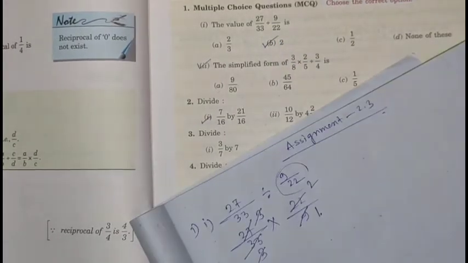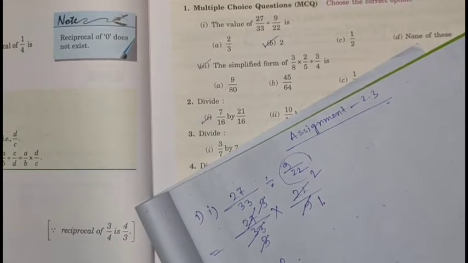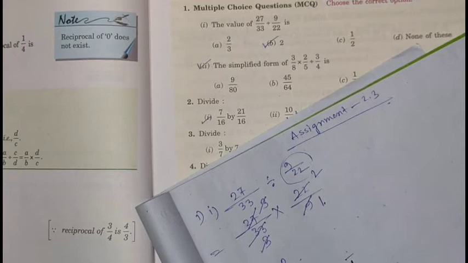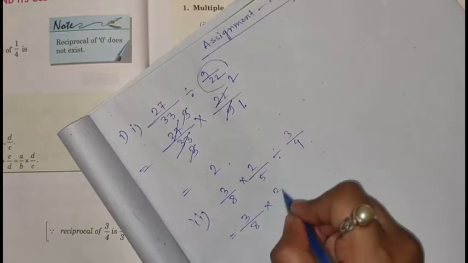Next, the simplified form of this: 3 by 8 multiplied by 2 by 5 divided by 3 by 4.